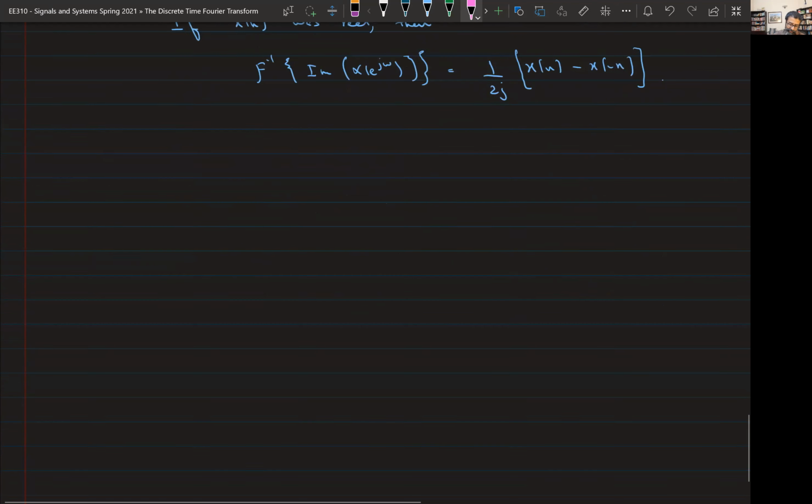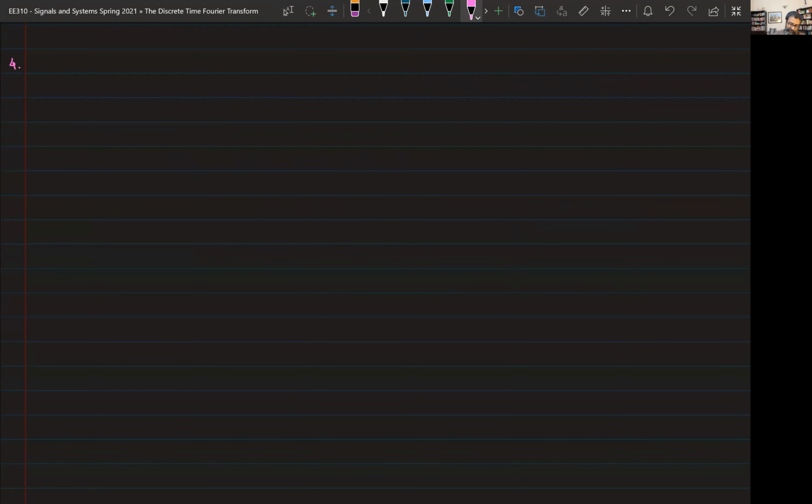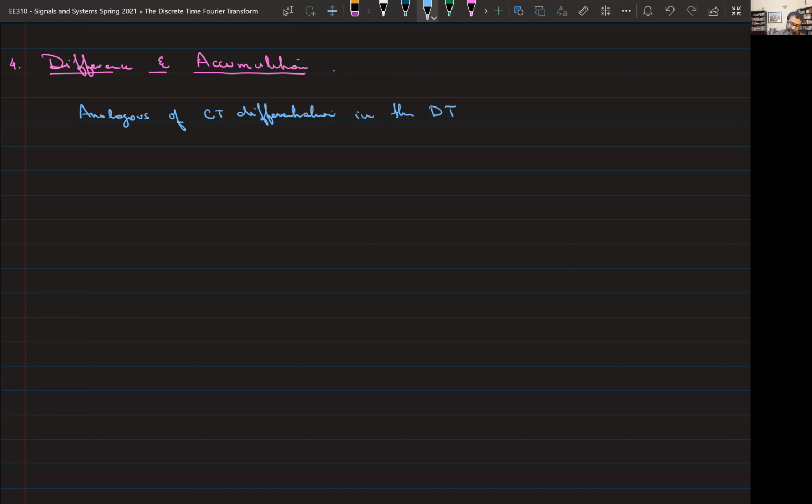So this is property number 4, which is difference and accumulation. In continuous time, the analogous operation of continuous time differentiation in discrete time is called the first difference.